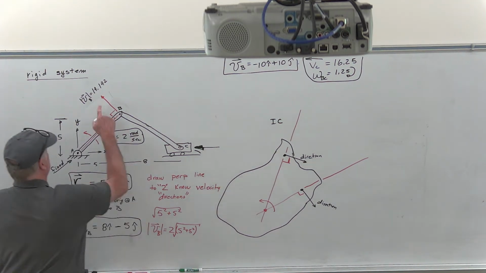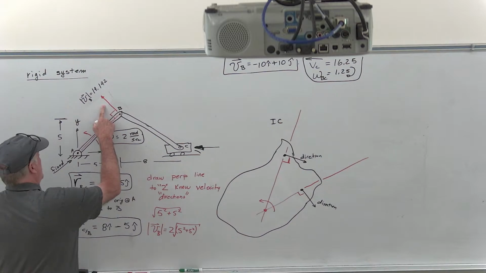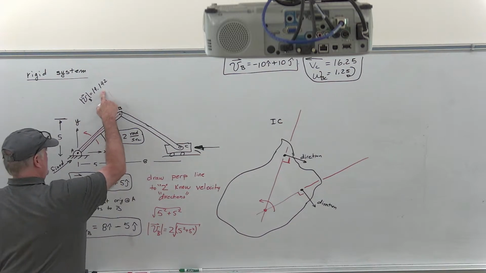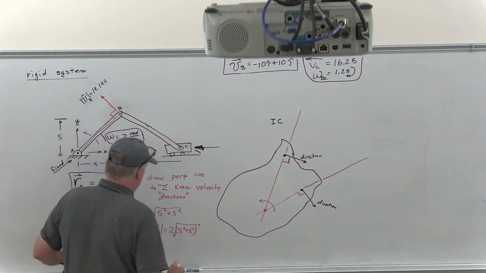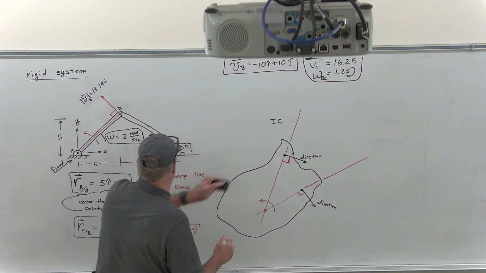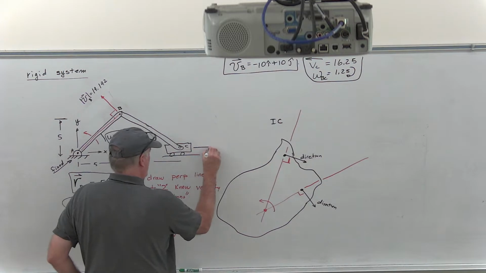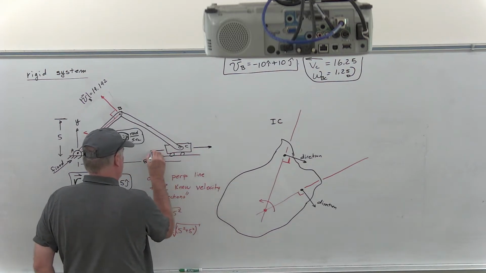Okay, so I know this one's direction. I actually know this one's magnitude. But I also know this one's direction. And here the thing is it doesn't matter whether it's going to the right or to the left.